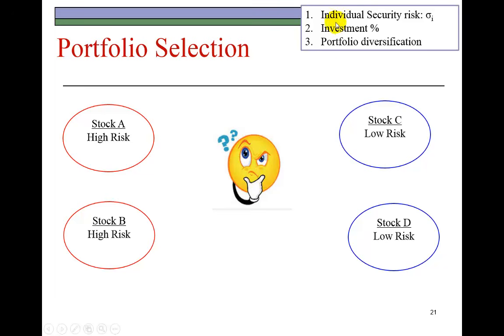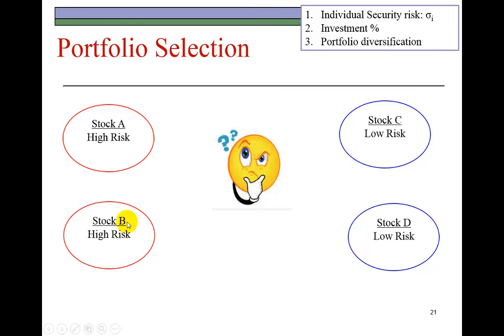Now, let's consider this first factor that affects the risk of the portfolio. Let's say you decide on stocks A and B. Now, obviously, because these 2 stocks are high-risk stocks, with all other factors, investment percentage and diversification, held constant, you're going to wind up with a very high-risk portfolio.